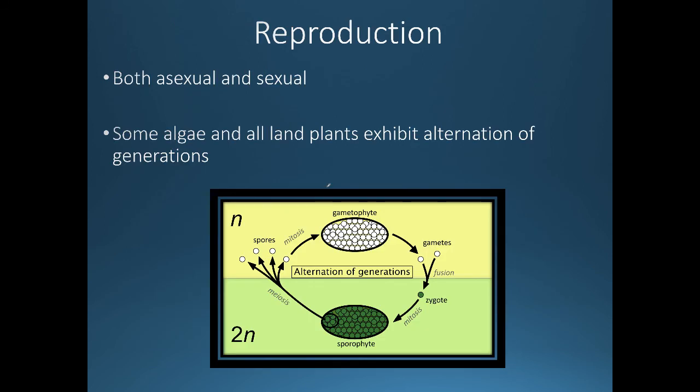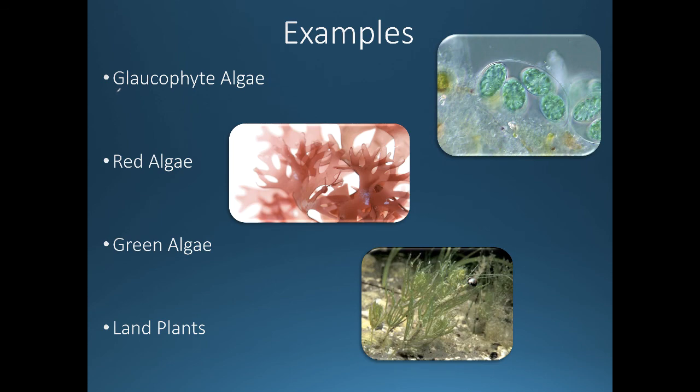They reproduce by both asexual and sexual mechanisms depending upon the species and groups that we're looking at. Some algae, and very importantly, all land plants, exhibit an alternation of generation that we talked about in the last video podcast. And here are some examples: the glaucophyte algae, the red algae, the green algae, and land plants.